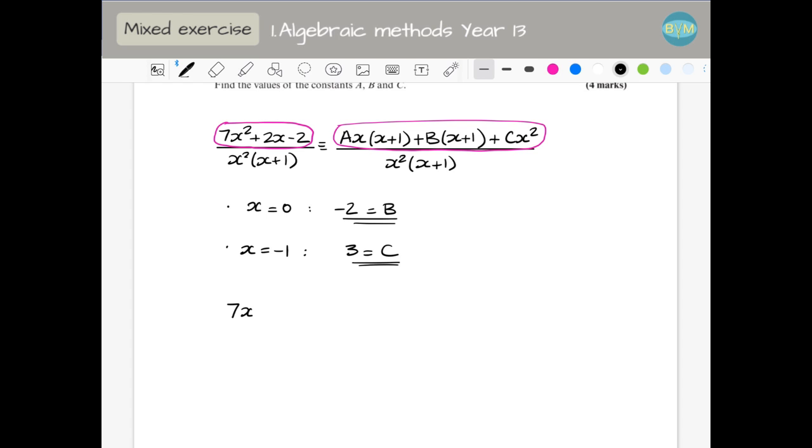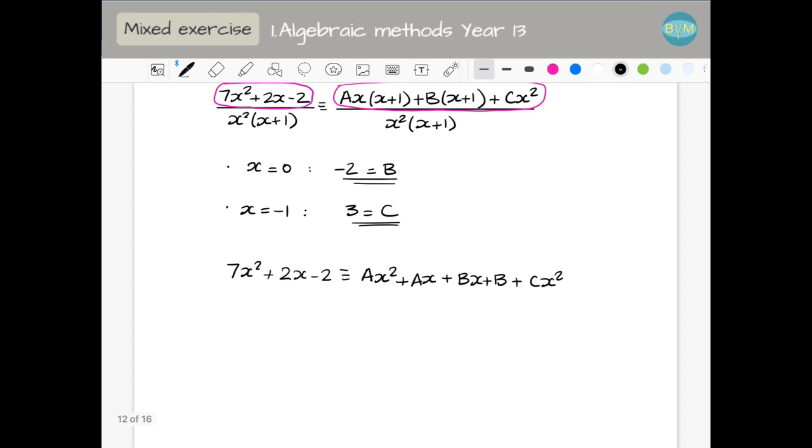So I have 7x squared plus 2x minus 2 is going to be equal to ax squared plus ax, just expanding the first bracket, then expanding the second bracket is bx plus b, and then the second one. If we compare the x coefficients, on the left I have 2, on the right I have a plus b. And this is going to help me.